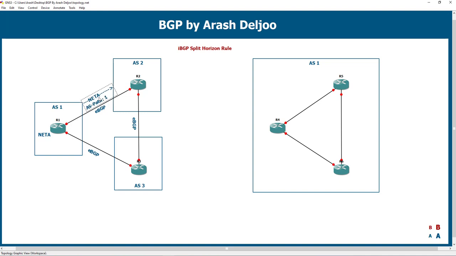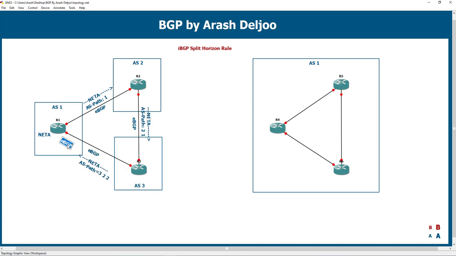When R2 sends this update to R3, the AS path should be incremented to 2, 1. When R3 sends this update to R1, it increments the AS path to 3, 2, 1. Because of the eBGP loop prevention mechanism based on the AS path, R1 discards this packet.